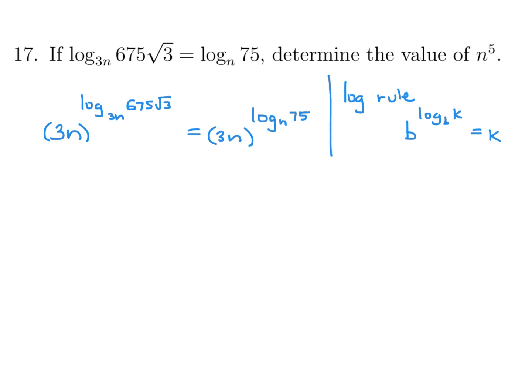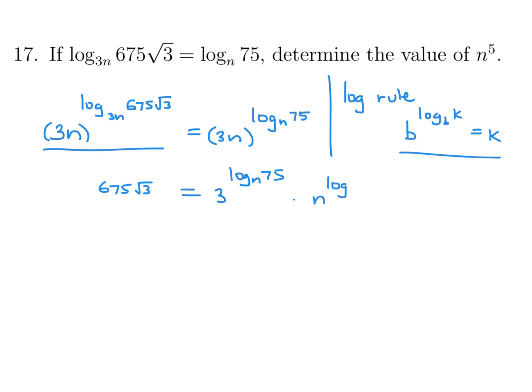And I think, yeah. Well, this is just obvious. I'm just trying to think how. I think this log rule will make this side just 675 root 3. This log rule. But this side doesn't really do much for us. But we can break this up with another log rule where we can break up the 3 times n into 3 and n.